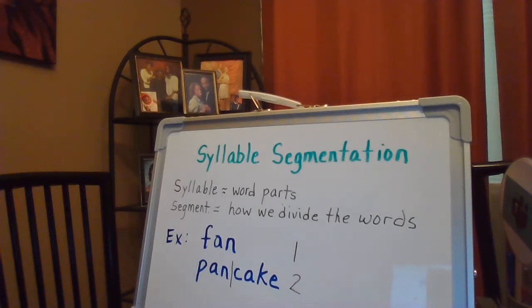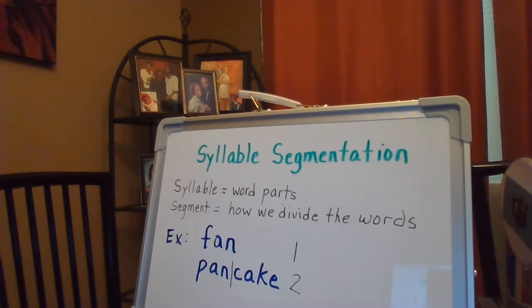is only 1 syllable. So what I'm going to do now, I'm going to say a word, then I will clap the syllables or the word parts. And then I want you to tell me how many syllables are in the word. Okay?